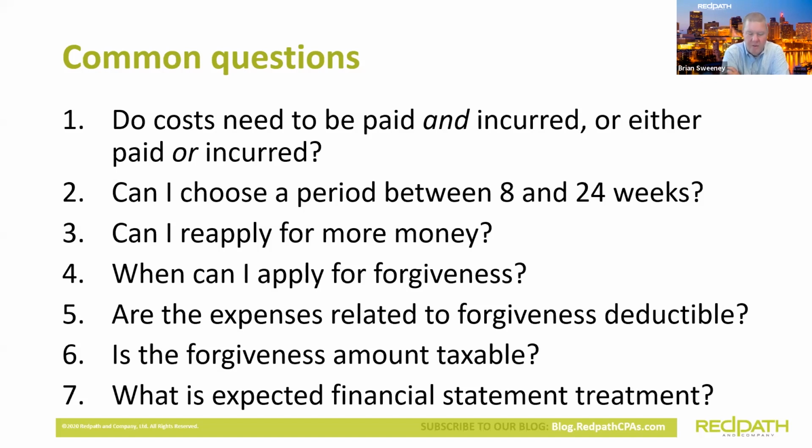Or else the other one is if you're comfortable that your forgiveness application is going to be approved, and you certainly had no question on whether or not you qualified for PPP, there is some guidance out there that would suggest that you could bring the forgiveness income in as you're incurring the expenses.